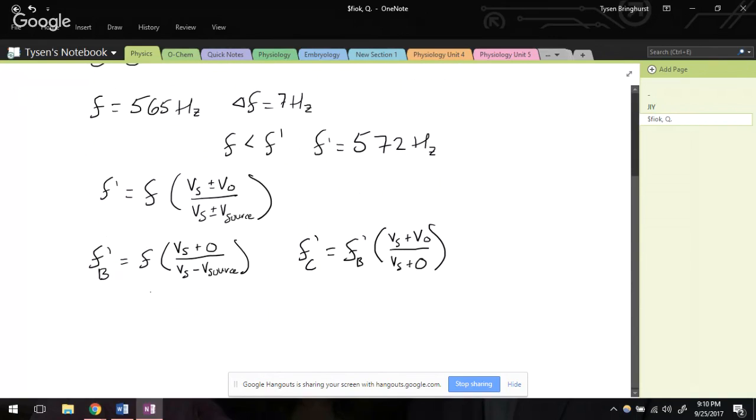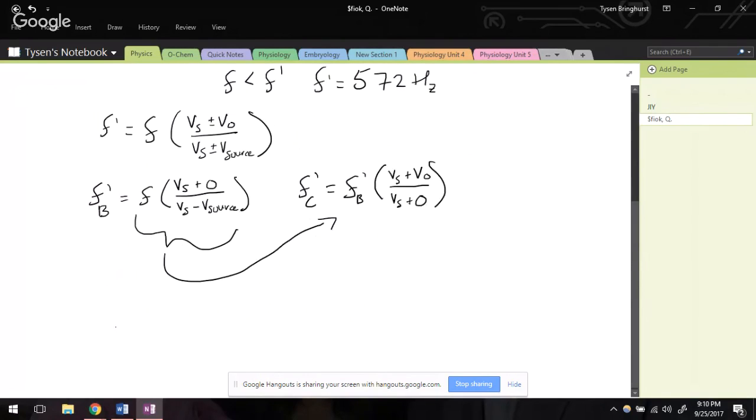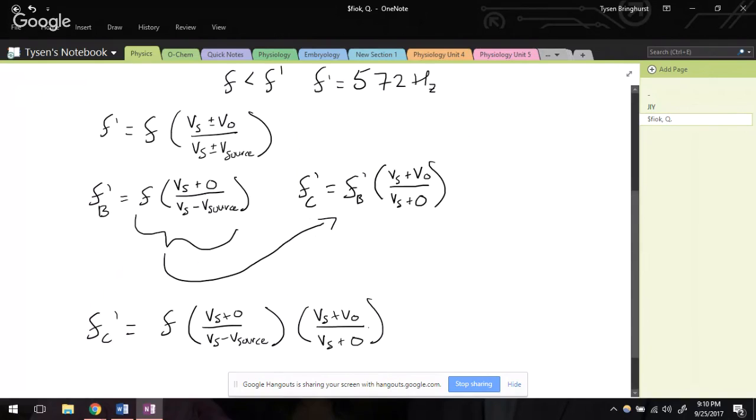So we're going to take this right here and plug it in for F prime B. And that will give us F C prime equals the original frequency from the trumpet times this equation right here, Vs plus VR over Vs plus, Vs is the velocity of sound.